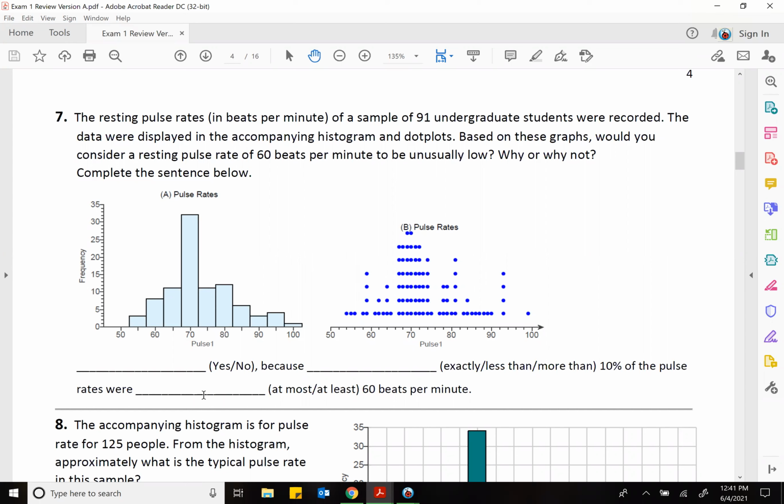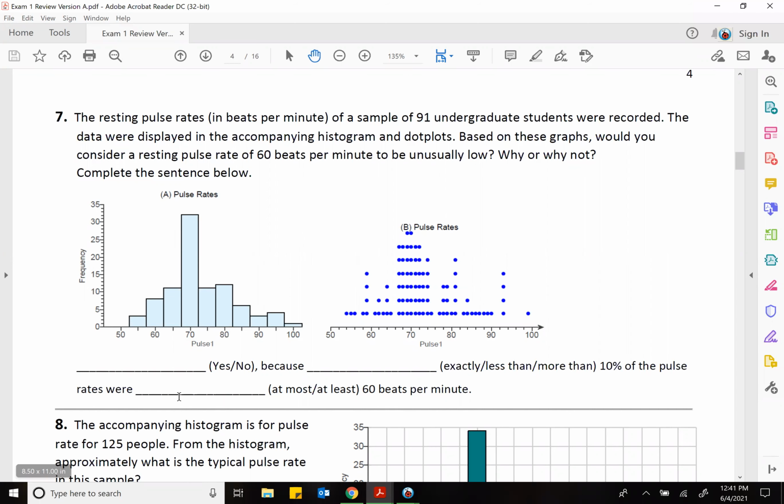I got confused on this question because they ask other ones, and this one is at most, right? Because at most means not more than. Correct. This less than piece you're talking about is all of these beats per minute down here, and that's not at least 60, that's at most 60 beats.